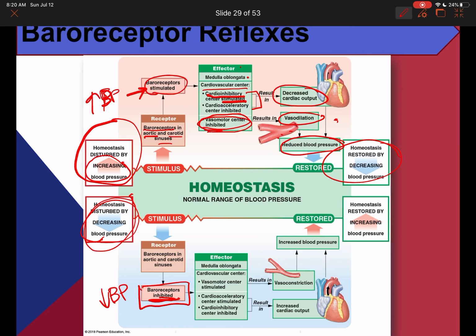Your cardiovascular center, your vasomotor center, will be stimulated to cause vasoconstriction. The cardioacceleratory center will be stimulated, and the cardioinhibitory center will be inhibited. And this will cause an increase in cardiac output, both of which will bring blood pressure back up to normal homeostatic value.